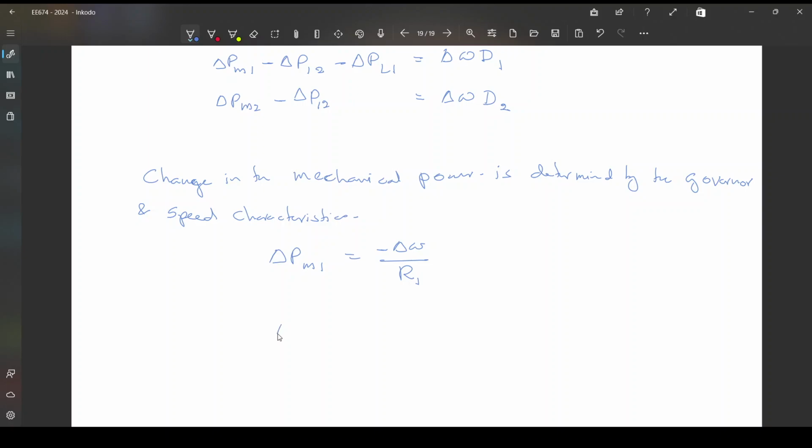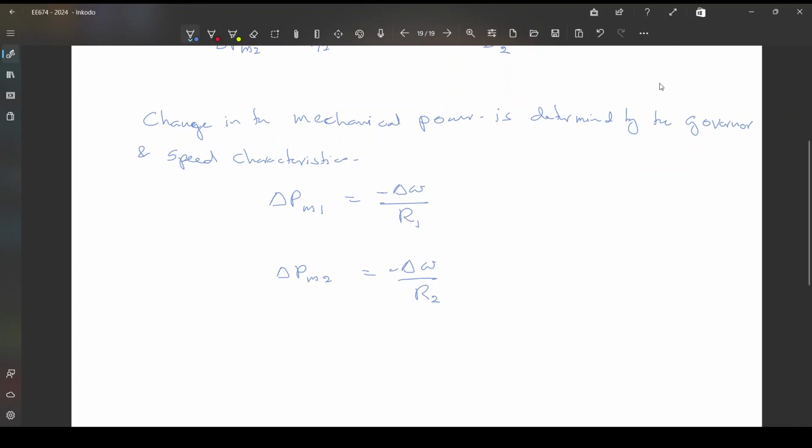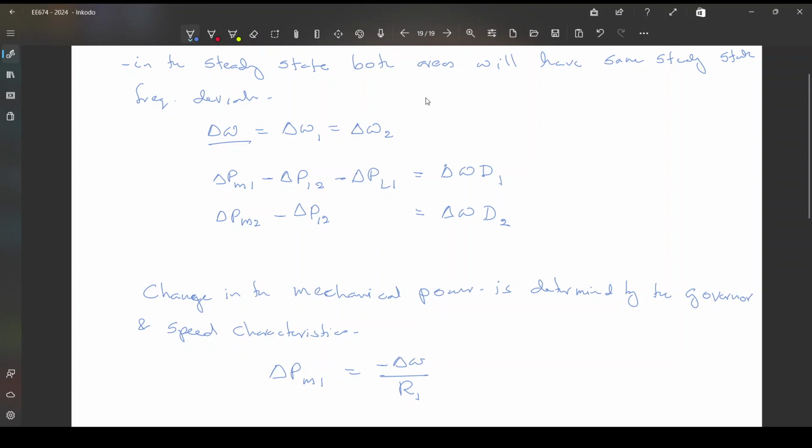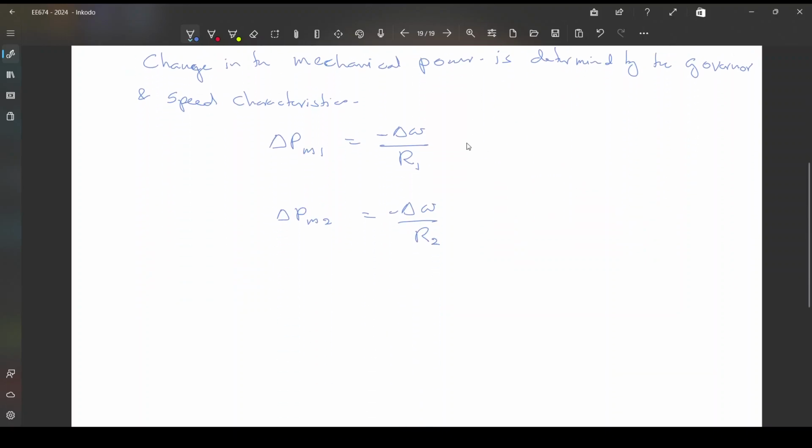And delta Pm2 is equal to minus delta omega over R2, right? So let's say this is equation 1 and this is equation 2.